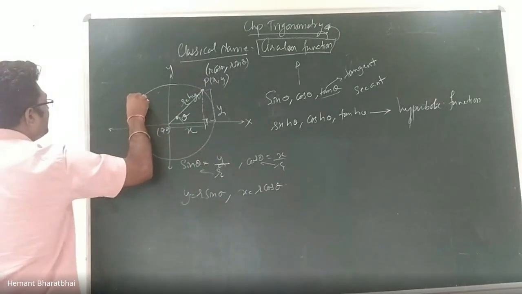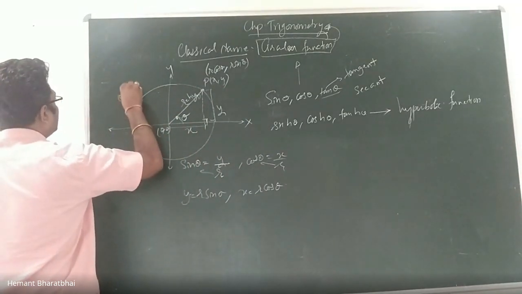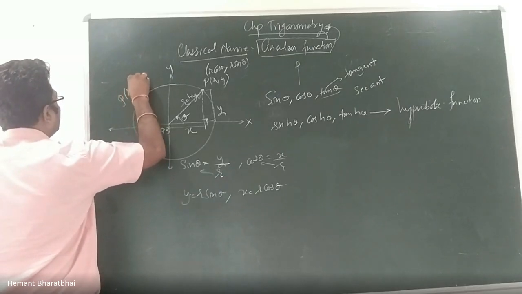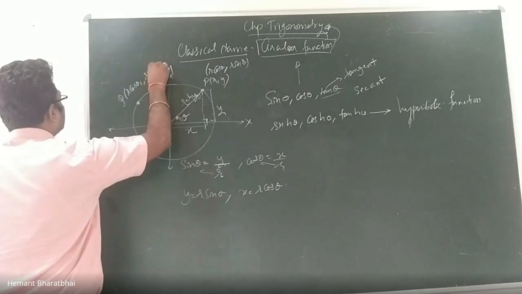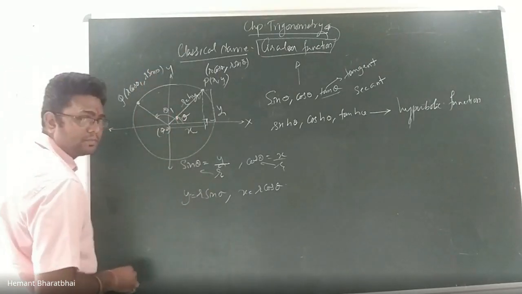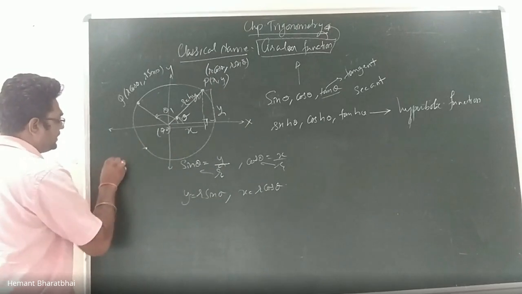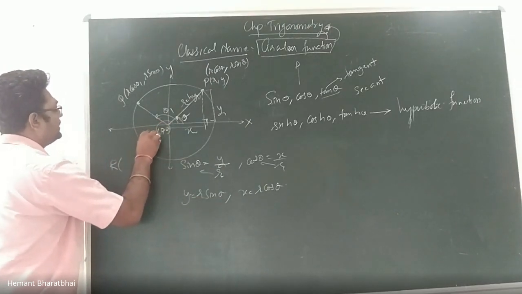Now any point on this circle I can represent as (r cos theta 1, r sin theta 1), where this angle is theta 1. Let us say there is one more point, and this angle is theta 2.